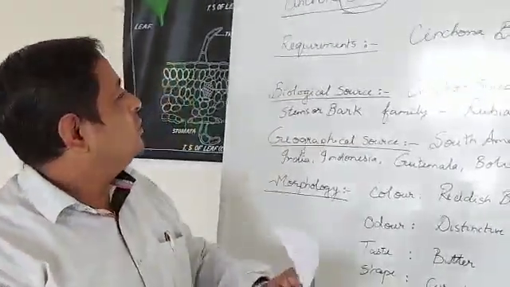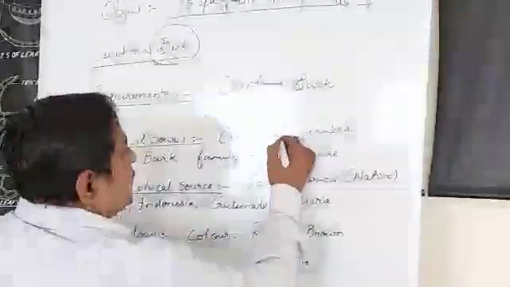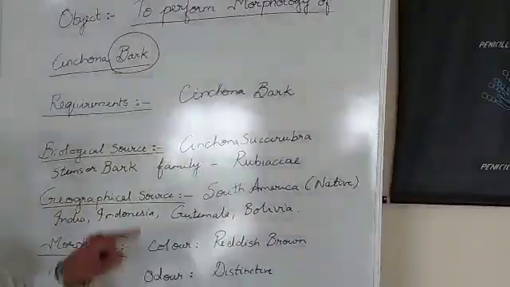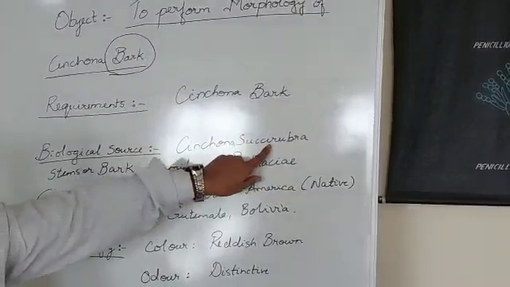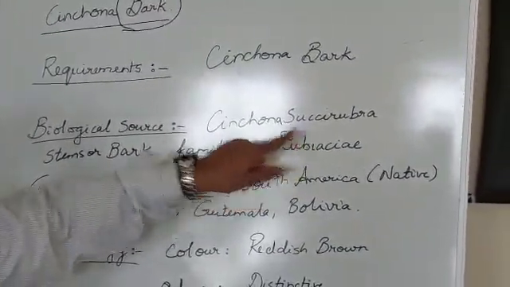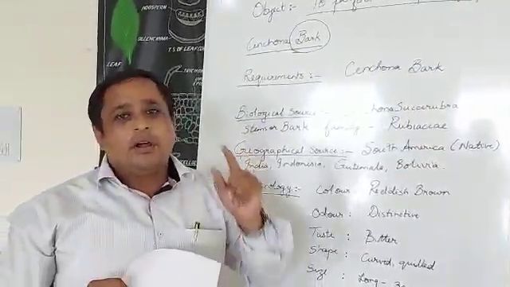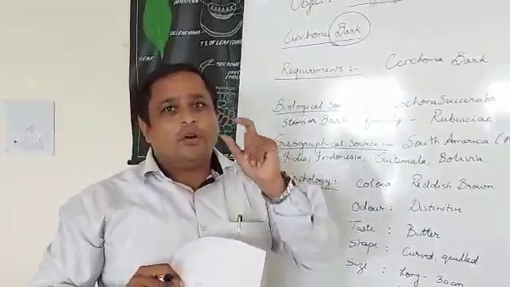So what is the biological source? The biological source is the stems or roots of Cinchona succirubra belonging to the family Rubiaceae. So the part which we are going to use is the upper parts of the stem or roots.